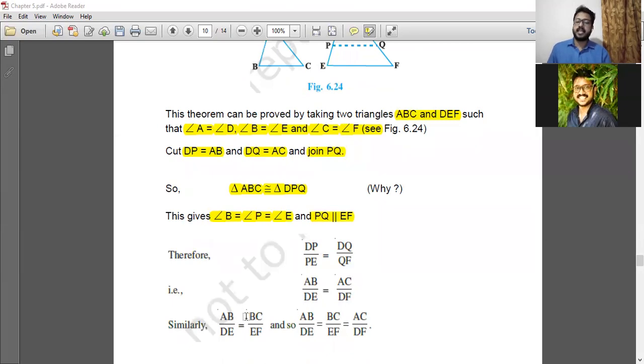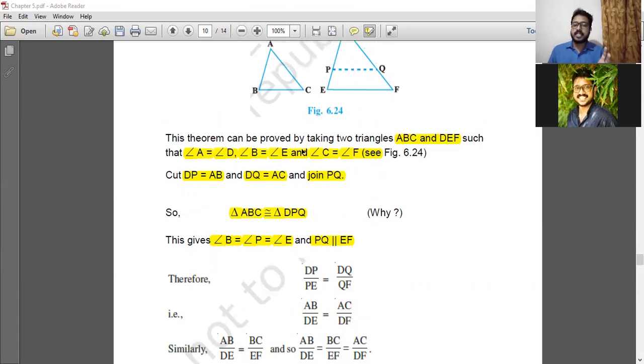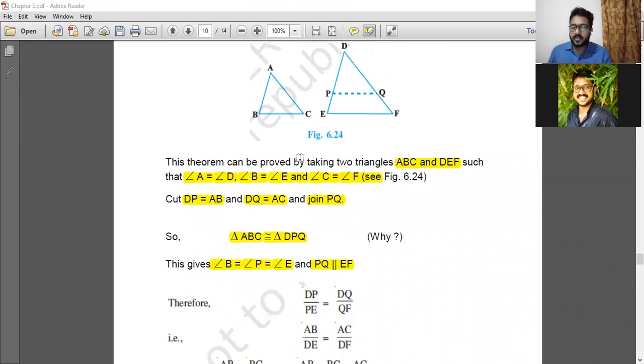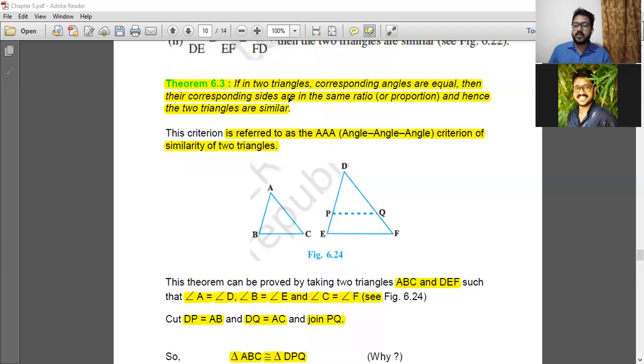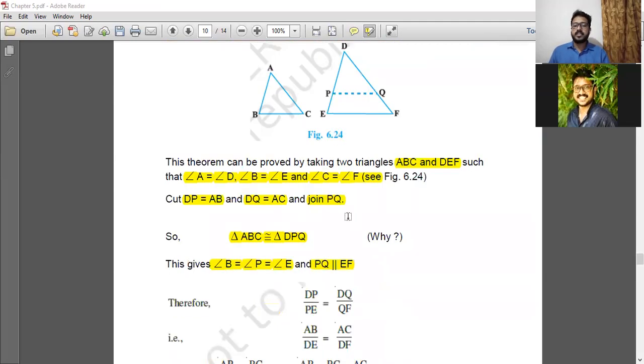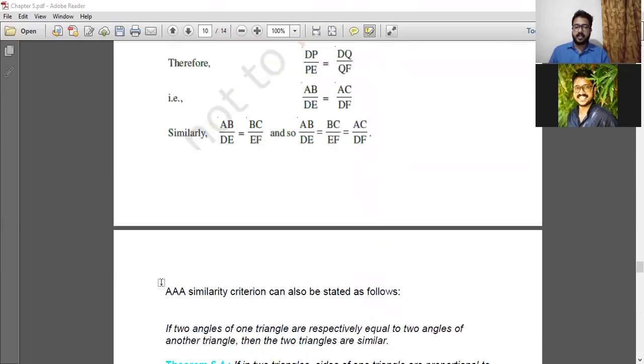We have seen AB by DE is equal to BC by EF, which is equal to AC by DF. So all the sides are in the same ratio. Actually, this is what we want to prove. We want to prove the corresponding sides are in the same ratio. Clear? And as a result, we can say that these two triangles are similar.